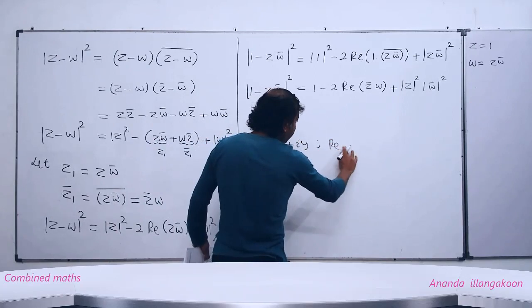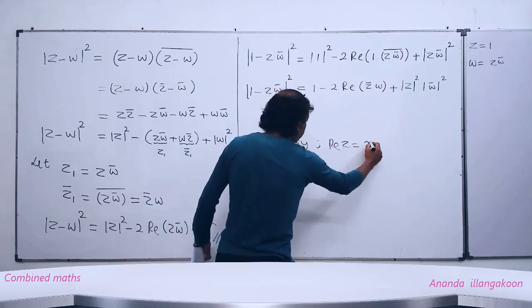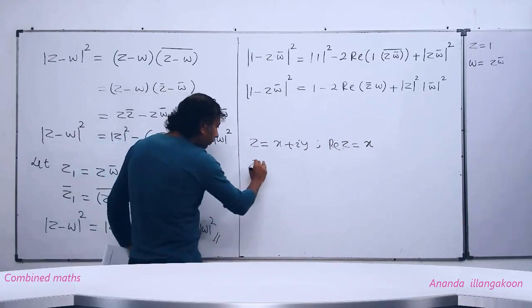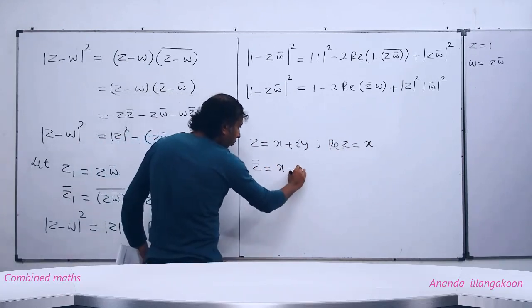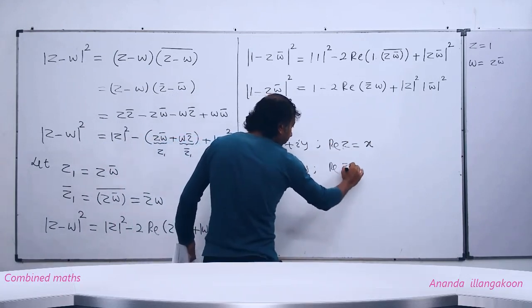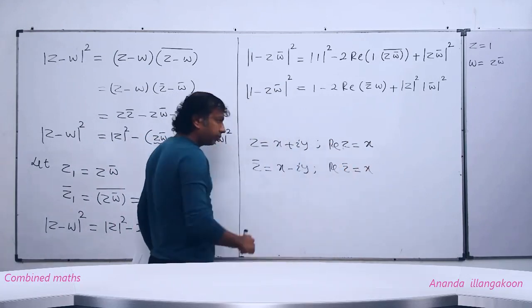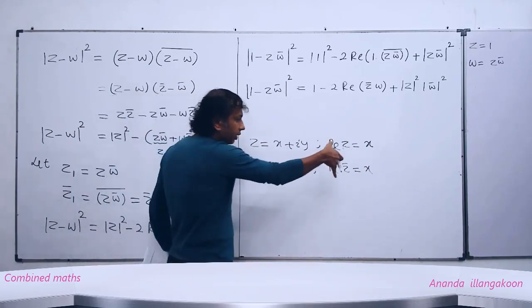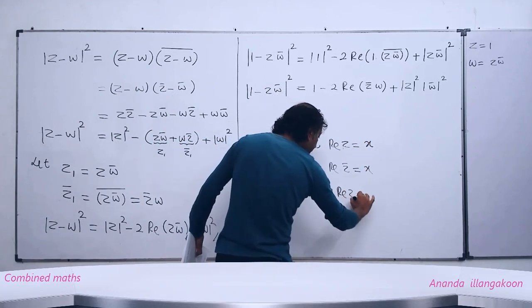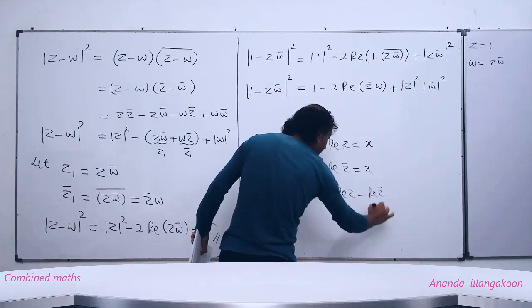Real part is x. I'm going to consider its conjugate, Z bar, x minus iy. What is its real part? Also x. The right hand sides are equal. Then this implies what, people? Real part of Z is equal to real part of Z bar.